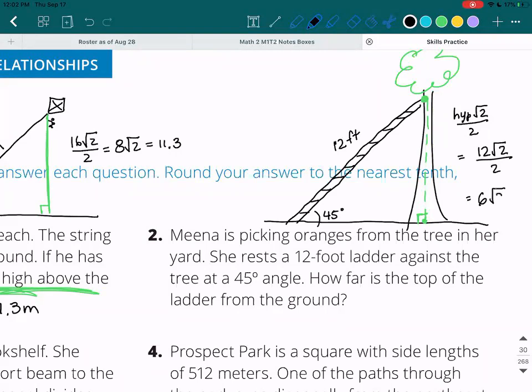I don't want to box that one because we want to round it to the nearest tenth, so I'm going to type it on my calculator. What is 6 radical 2? On the calculator, that would be 8.5. And we're talking about feet, so 8.5 feet.